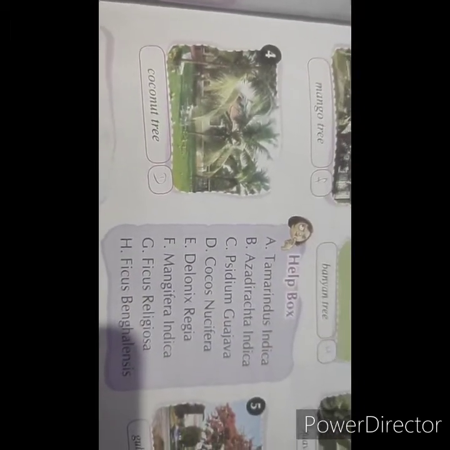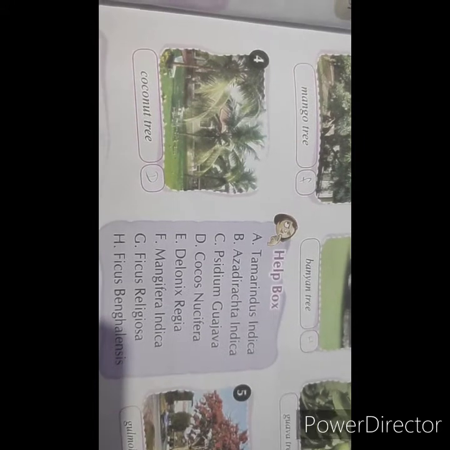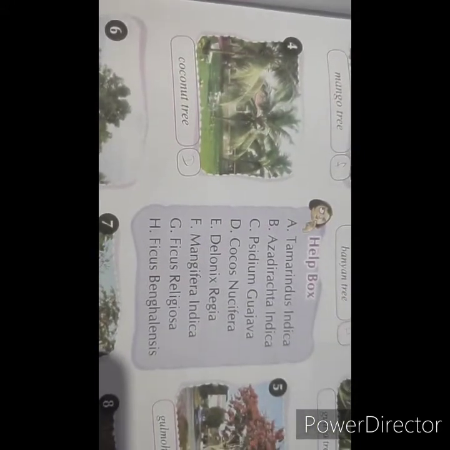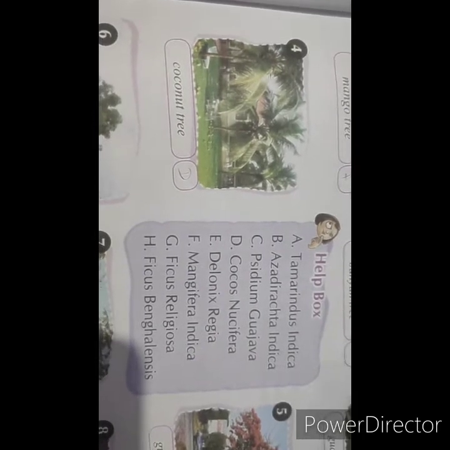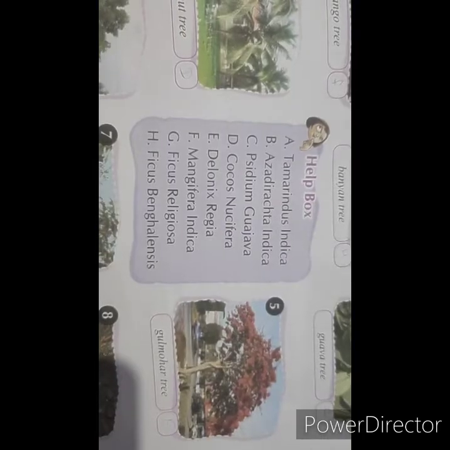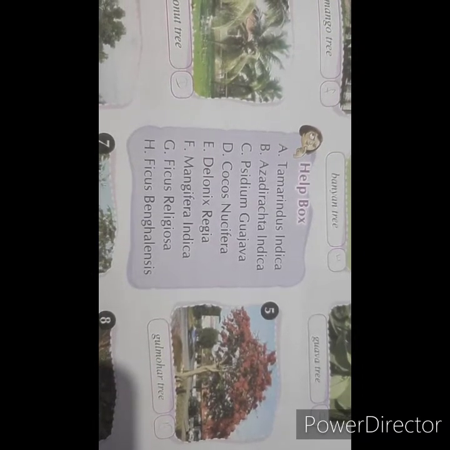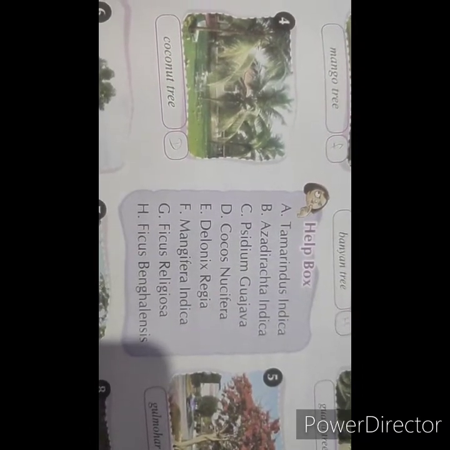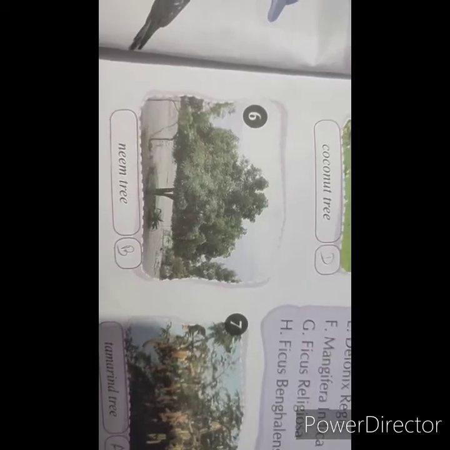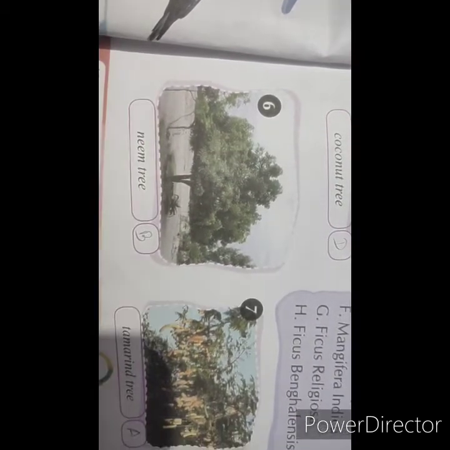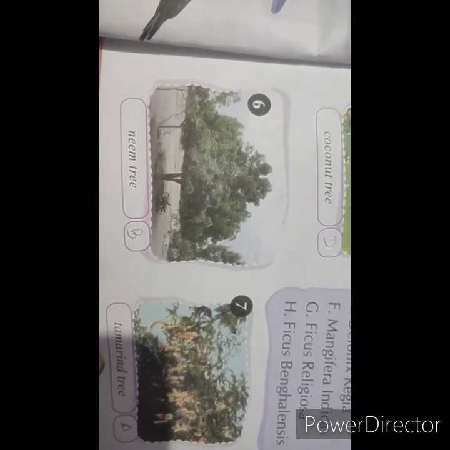The scientific name of coconut tree is Cocos nucifera. The scientific name of gulmohar tree is Delonix regia. The scientific name of neem tree is Azadirachta indica.